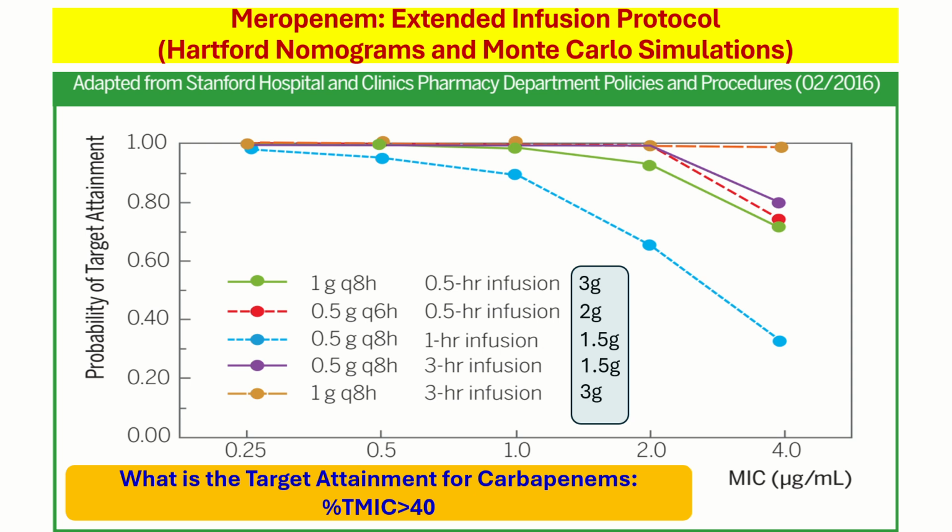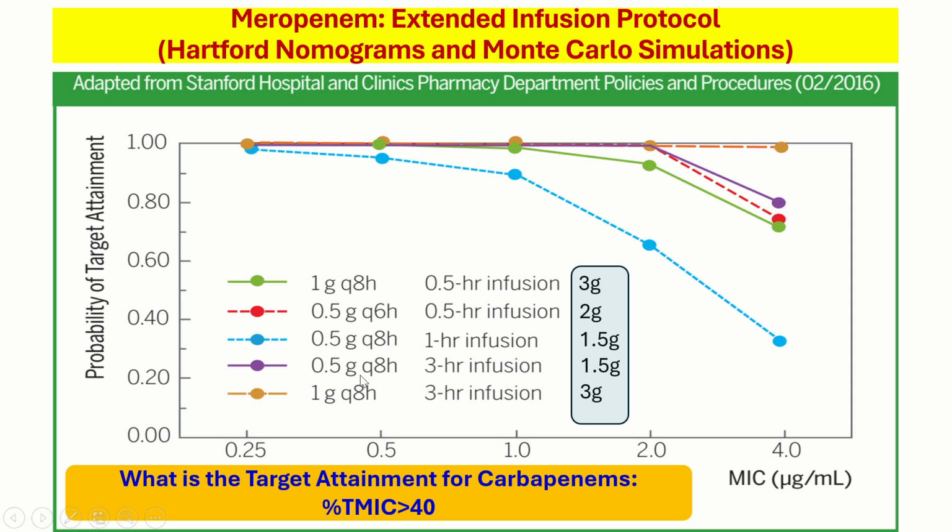Now this is very interesting because if you see this, there are five dosing patterns, and the x-axis shows the increase in the MIC values from left to right, and the y-axis shows the probability of target attainment from 0 to 1, right?